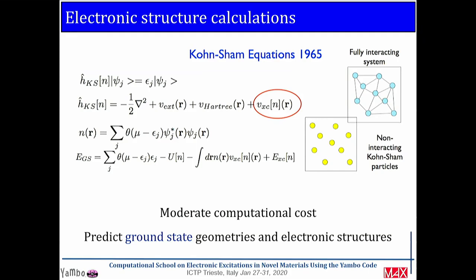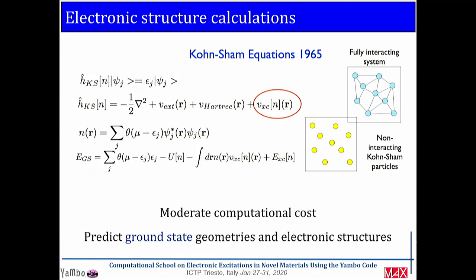Let's have a look first at the workhorse of electronic structure calculations nowadays. It is density functional theory. These are the very famous Kohn-Sham equations of 65 that gave the success of the theory, because DFT itself became very useful. It's a theorem of quantum mechanics that became useful.